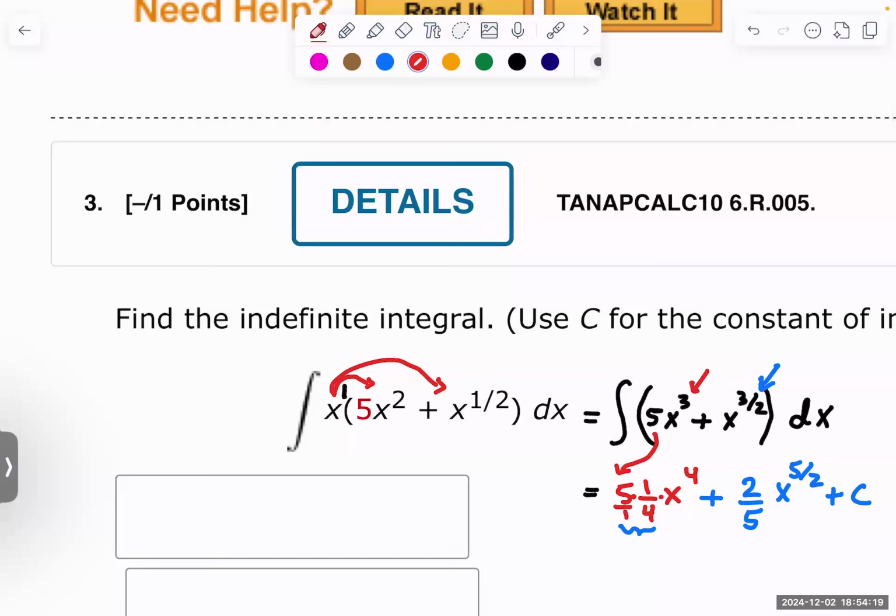You give denominator of 1, it's 5/4 x to 4 plus 2/5 x to 5/2 plus c.